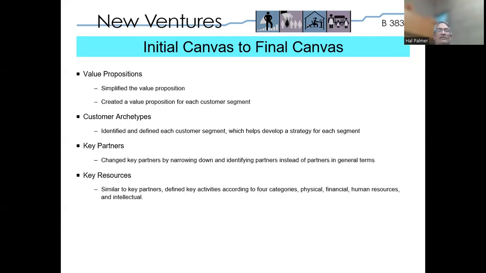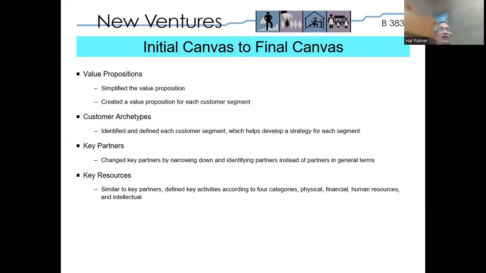So that basically covers the 9 boxes of our business model canvas. When we started this and where we are at this point, we've already seen some changes to our business model canvas. For example, our value propositions at the start were, let's say, not too good. As we better understood them, we simplified them.